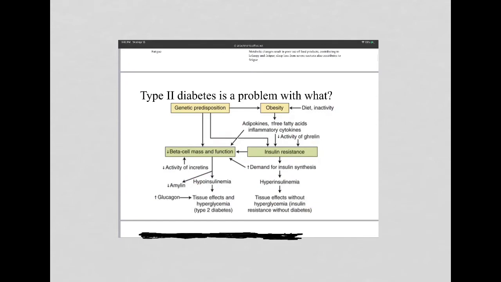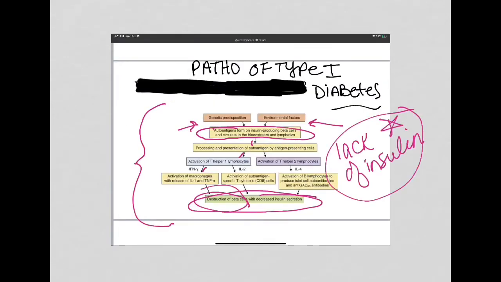Now, type 2 diabetes is also a genetic predisposition. When we go back here, type 1 diabetes, when you say genetic and environmental, it's almost an autoimmune disorder. My grandpa had type 1 diabetes, and it doesn't mean that you're going to pass down type 1 diabetes to your offspring.